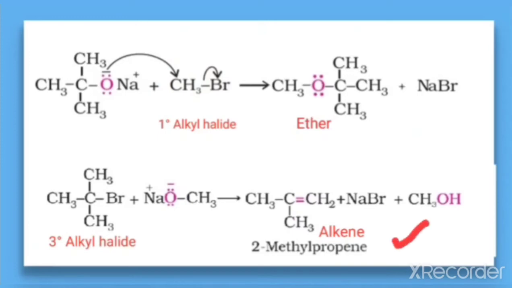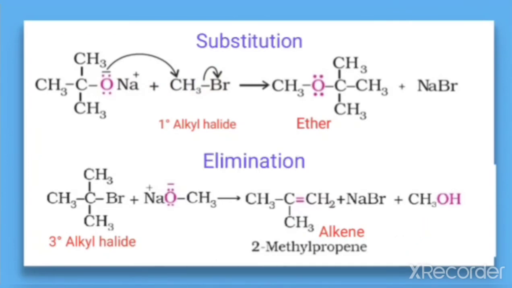In the second equation, you can see that instead of forming ether, here alkene is formed. The reason is that in the first reaction substitution is taking place, but in the second, the reaction of the tertiary alkyl halide results in the formation of alkene. Here elimination is taking place.